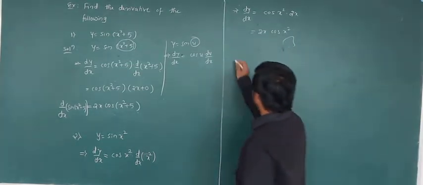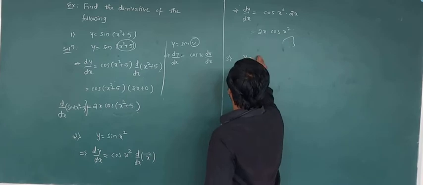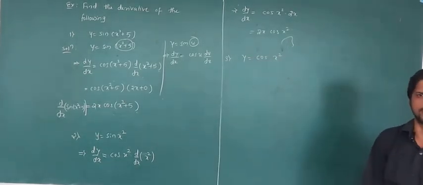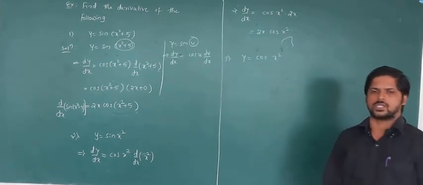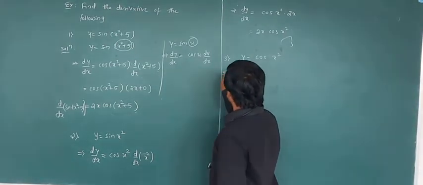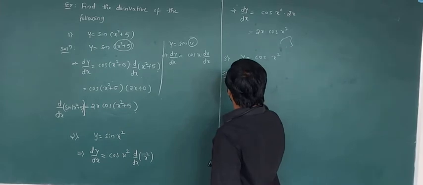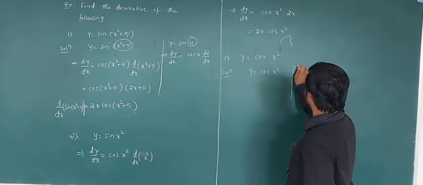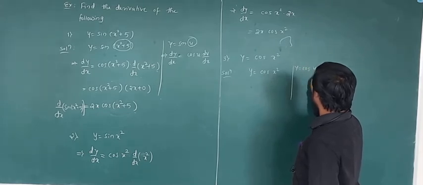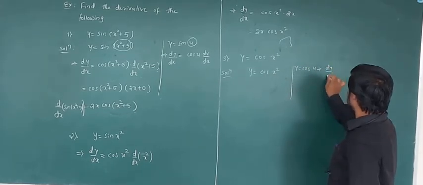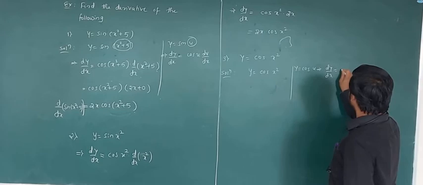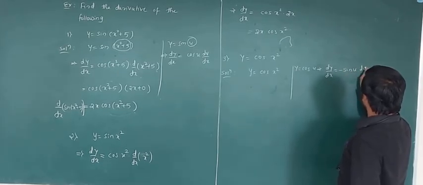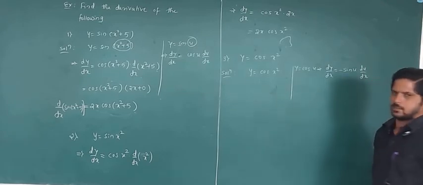What about the next example? Consider y is equal to cos x square. If y equal to cos x square, find the derivative of this function. So solution, here given is y equal to cos x square, and we know that if y is equal to cos u, then the derivative of this function is dy by dx is equal to minus sin u into du by dx.